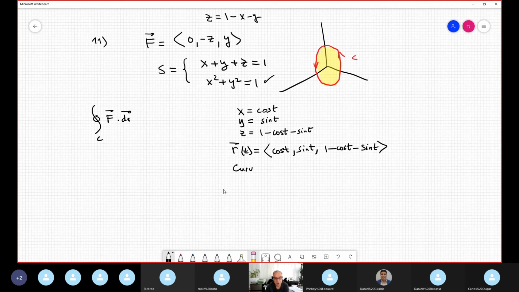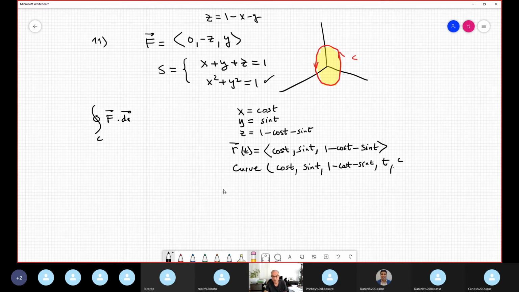You declare the component x, que es cosine, the component y, que es sine, and the component z, que es 1 minus cosine t minus sin t. You declare the only variable que you have, only one, because it's a curve, no surface. In surface you have two parameters, and the curve will have only one parameter because it's a one dimension object, no?